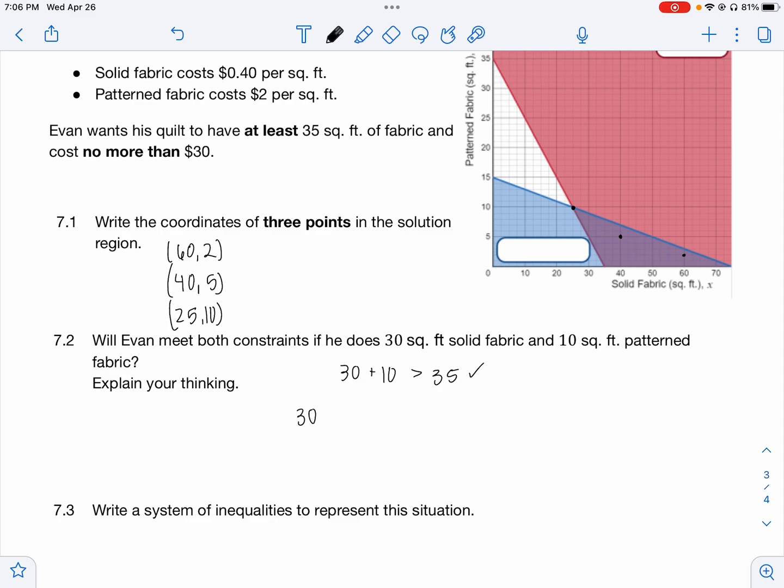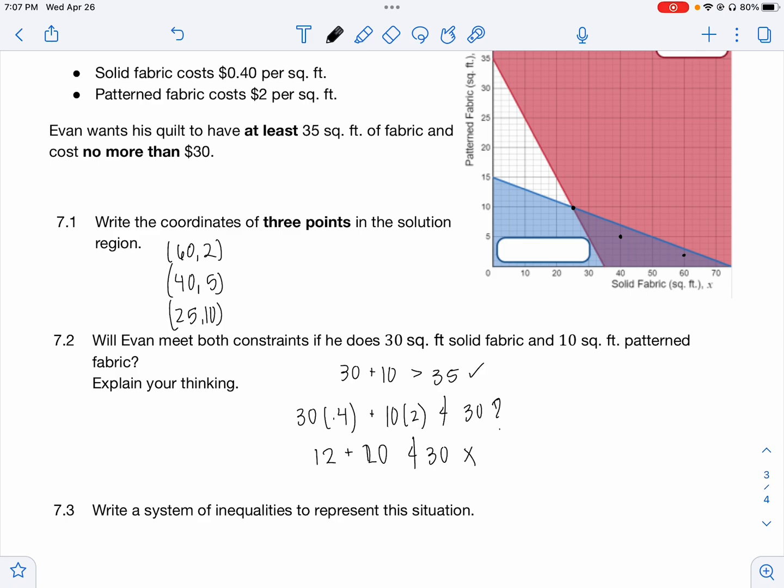Let's see if 30 times 0.4 plus 10 times $2 is going to be less than 30. 30 times 0.4 is 12 plus 20, and that is not less than $30.